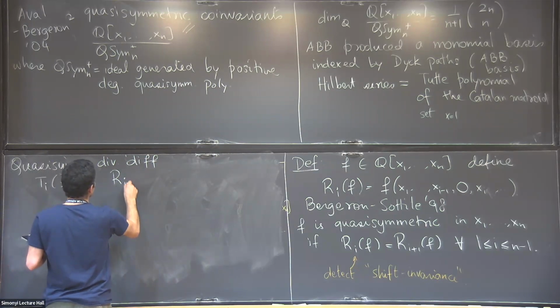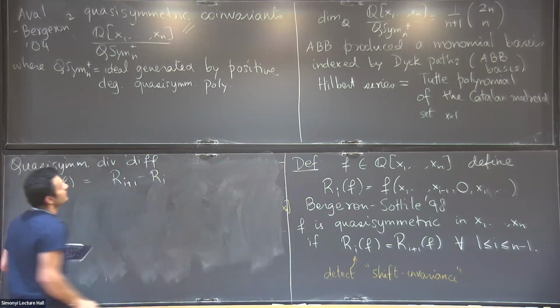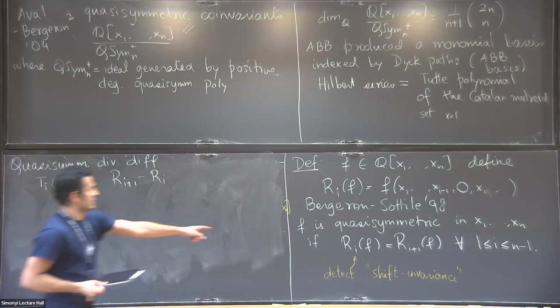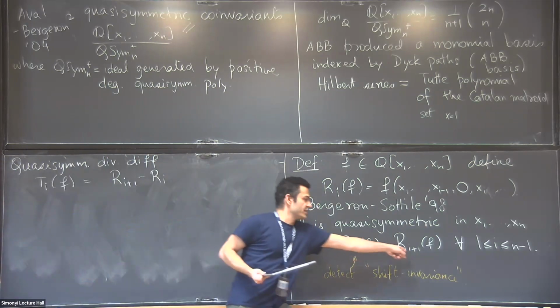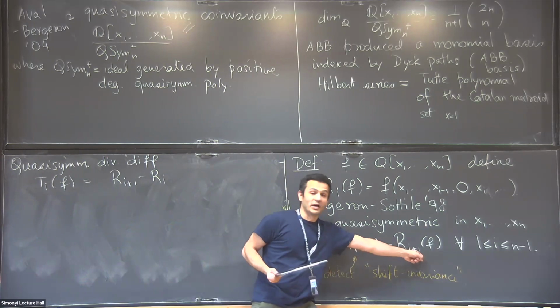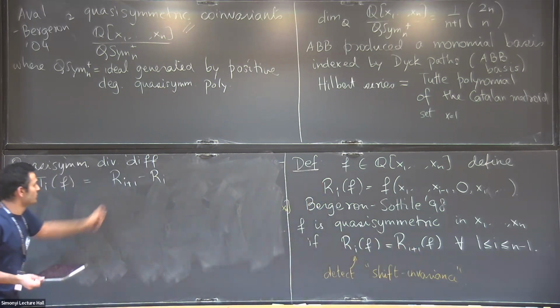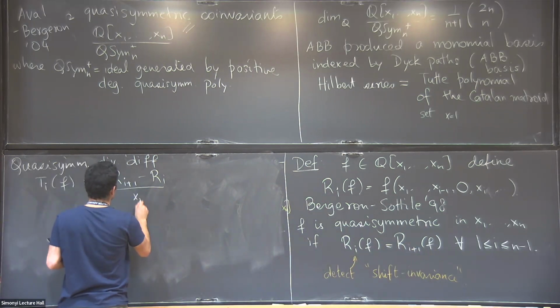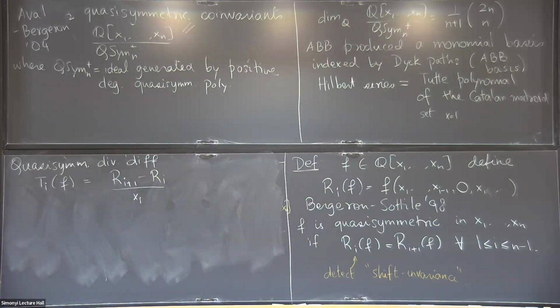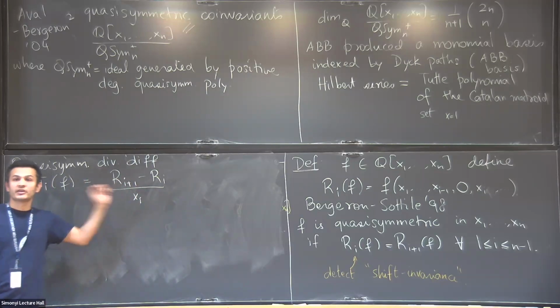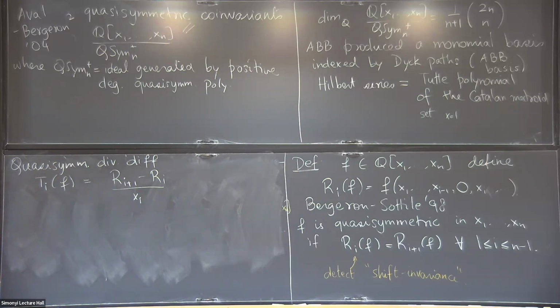And what I'm going to do is take the differences, bring this guy to the left, or this one to the right, rather. And then you know that there's some redundant information in that difference. You can divide by xi. And you get a map that goes from polynomials to polynomials. Okay, so this is my definition of a quasisymmetric divided difference operator.